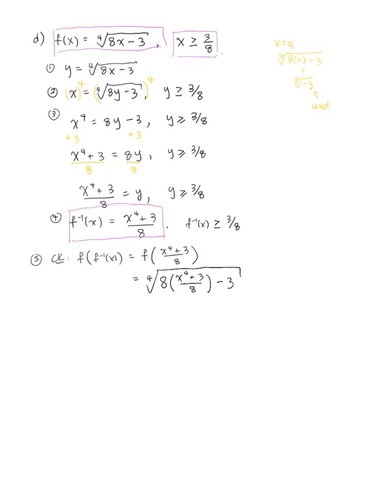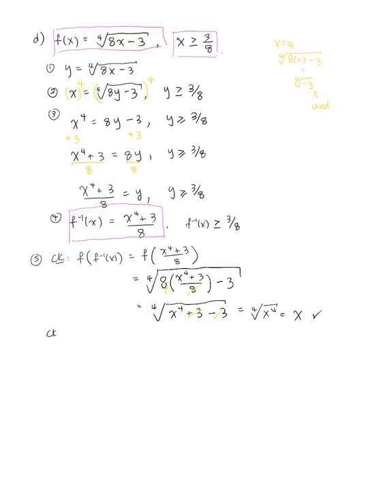So now 8 is same thing as 8 over 1, so we could cancel that. So this is fourth root of x to the fourth plus 3, and then minus 3. So this is going to give us fourth root of x to the fourth. So this is going to give us our x back.